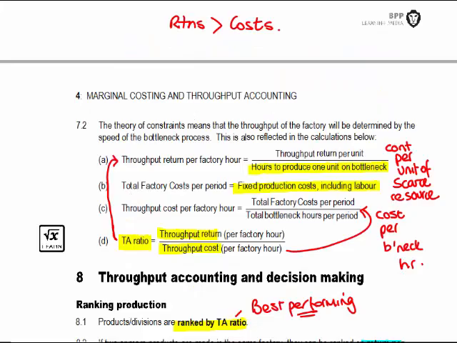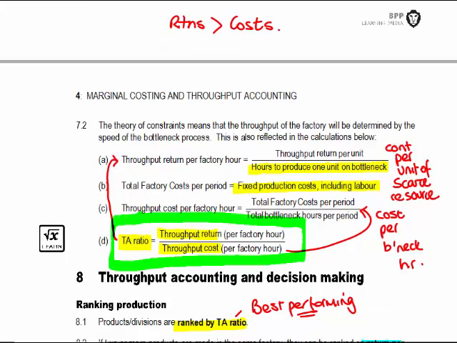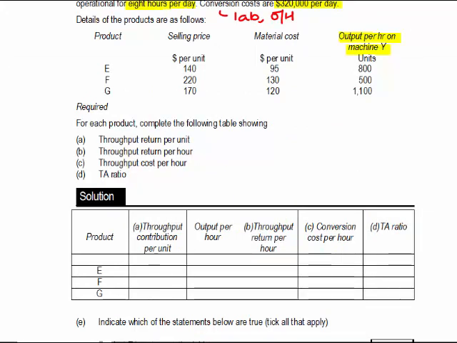So what we're going to do is basically calculate this, working out the throughput return per hour and taking that over the throughput cost per hour. So firstly then, we need our throughput contribution, which is our selling price minus our materials cost.